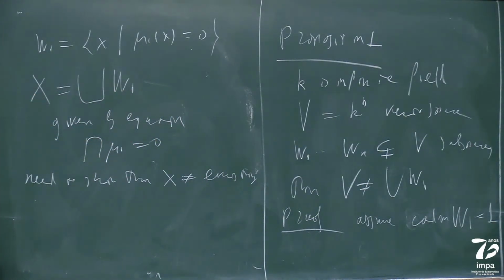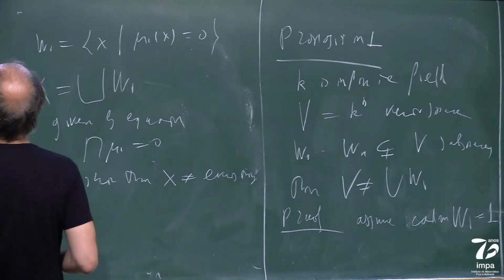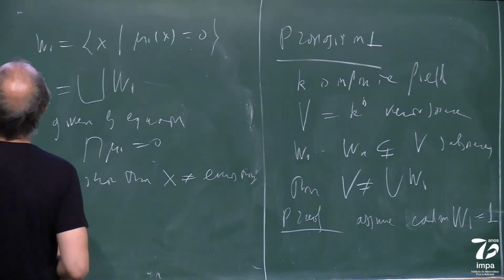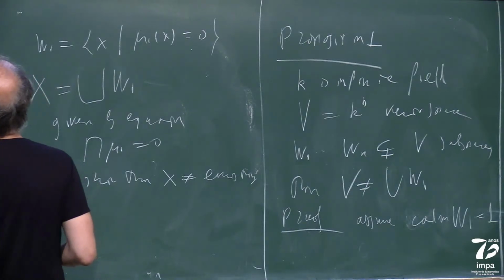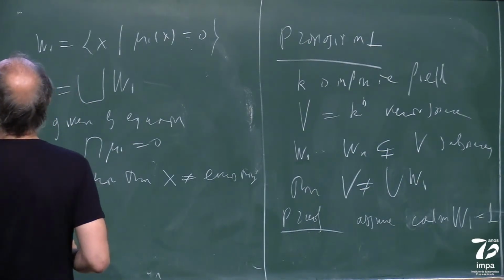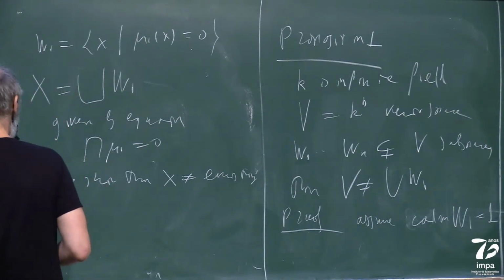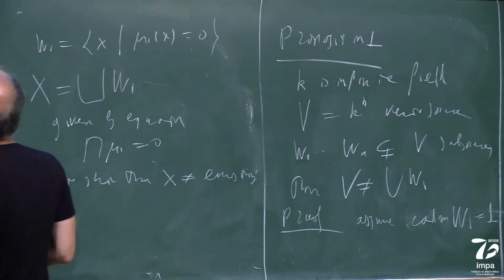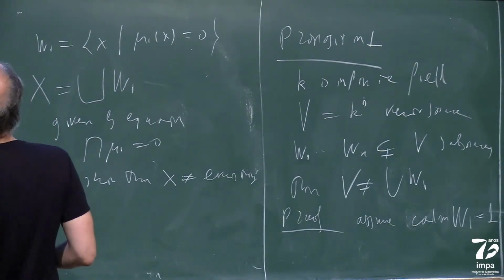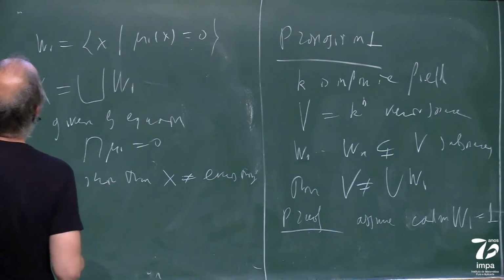Okay, we have a projection from our space. Here it was V, but somehow here it's already double. Well, it's a mess.